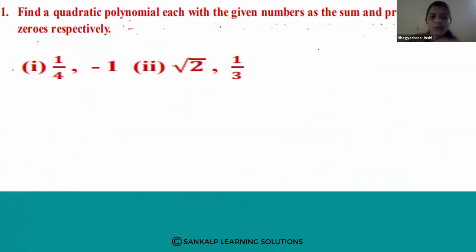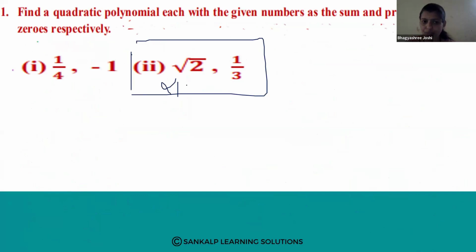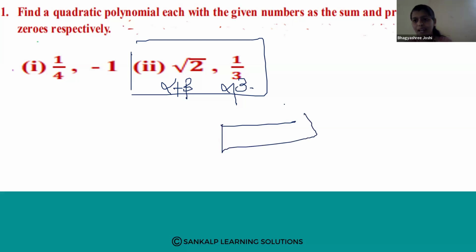Next concept, they will give alpha plus beta, the sum and product, and what they will ask: find the quadratic polynomial by using these zeros. This is alpha plus beta and this is alpha into beta, right? So by using zeros, we are going to find out the quadratic polynomial, meaning quadratic expression, by using this sum and product. That we will discuss in the next class.